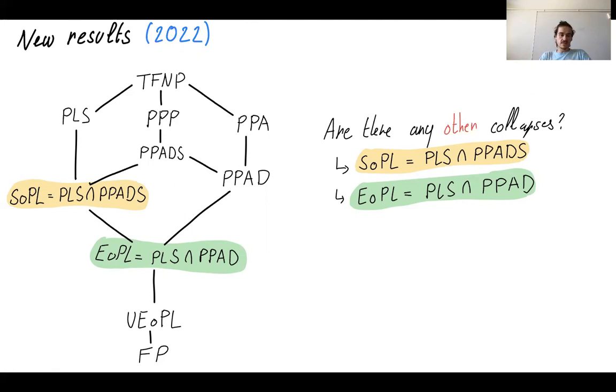This might not seem like a very interesting class at the start, but it's essential in the proof of the second and more surprising result, which is that PLS intersect PPAD not only collapses to CLS, but it actually collapses even down to End of Potential Line. This was really surprising to us because we were first trying to show that the collapse could not go further, or under likely assumptions could not go further.